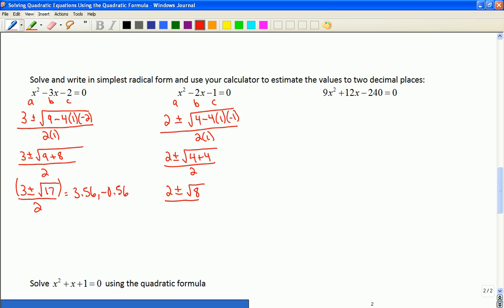So 2 plus or minus root 8 over 2. And I could write that as 2 times 4, and I'm going to remove 4 as the perfect square. So 2 plus or minus 2 root 2 over 2. I can see that everyone shares a common factor of 2.